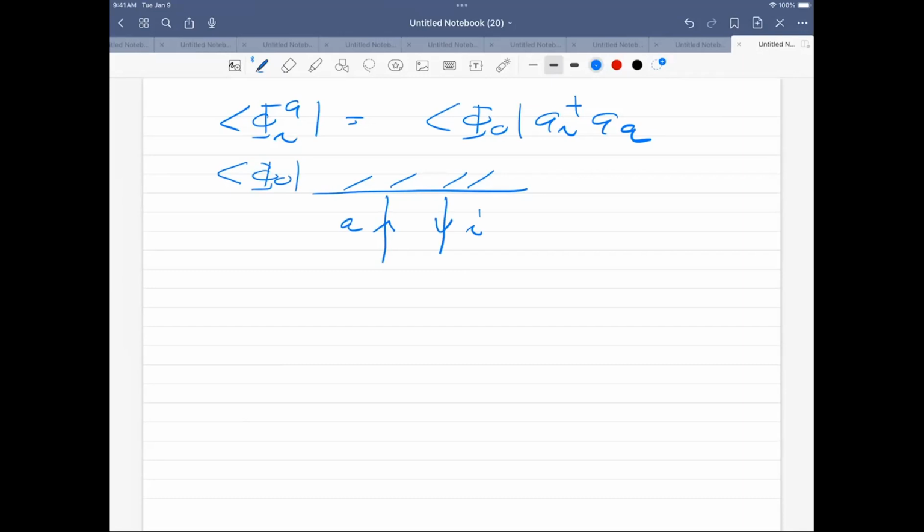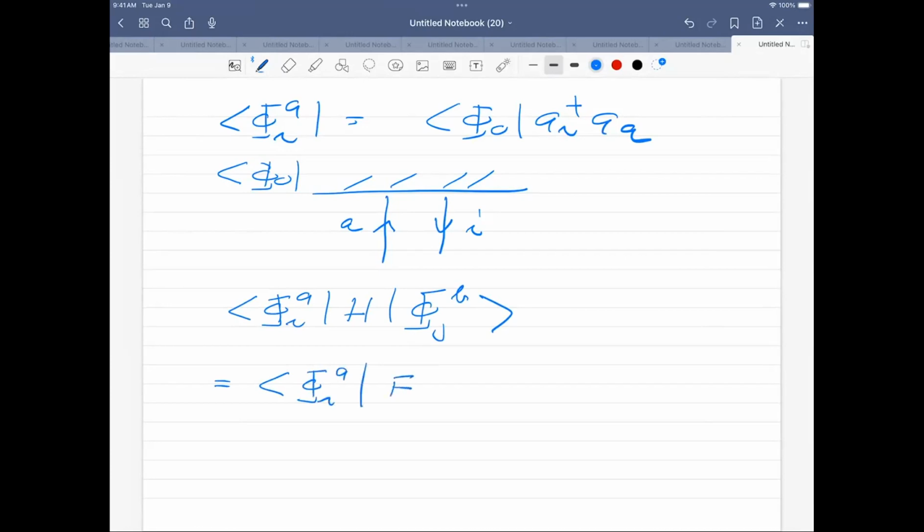So let's repeat some of these calculations because it's useful to actually see things again. So we are going now to calculate this quantity here. So there's going to be a one-body operator and there's going to be a two-body operator. So this is going to contain now phi IA.